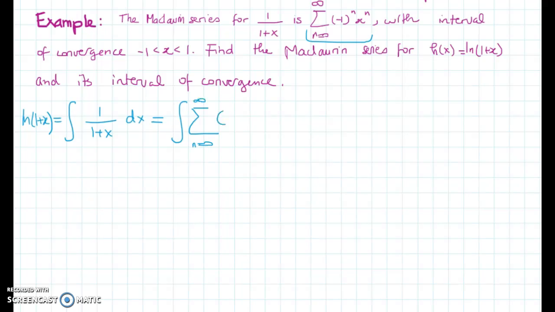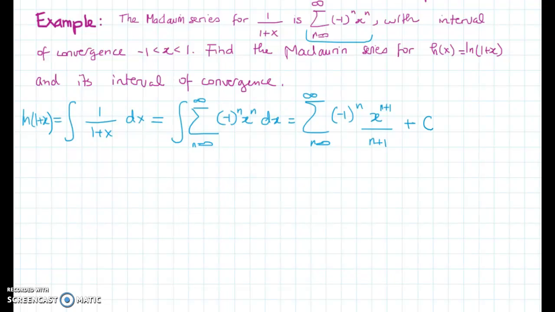So we are going to have the sum from 0 to infinity, a factor of negative 1 to the power of n, and then the antiderivative of x to the power of n, so x to the power of n plus 1 over n plus 1, plus eventually a constant.